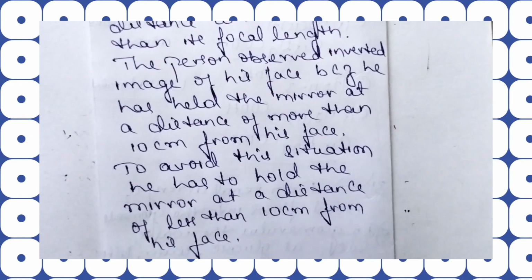So in total, if he holds the mirror at more than 10 centimeter, he sees an inverted image. He has to hold the concave mirror at less than 10 centimeter from his face to get a virtual and erect image. So this is the answer for this question.